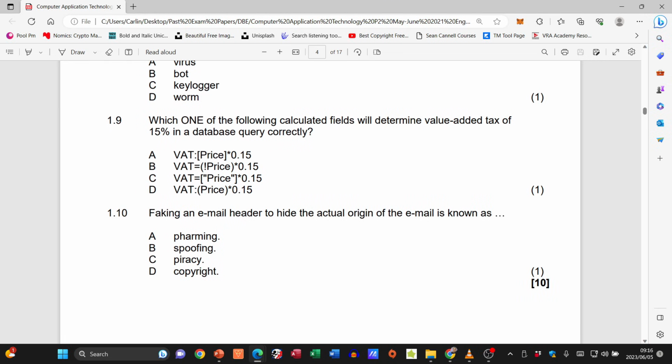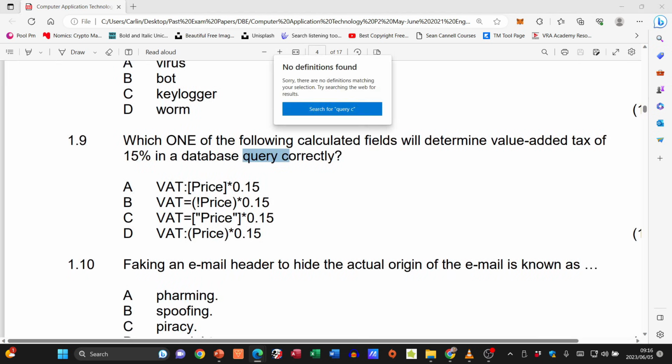1.9. Which one of the following calculated fields will determine value-added tax of 15% in a database query? Okay, so first things first, when we're dealing with a database, because we're looking at a database calculated field inside of a query, let me actually just zoom in here.